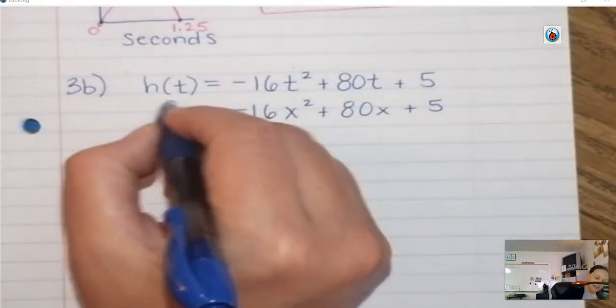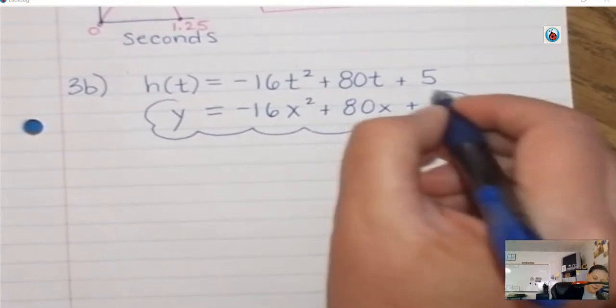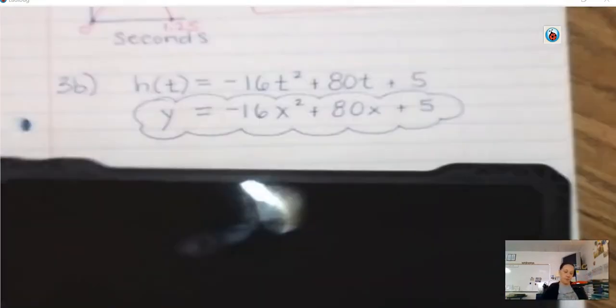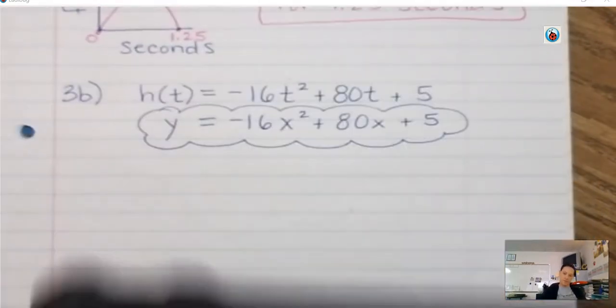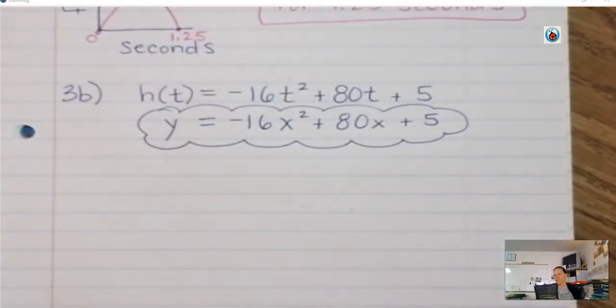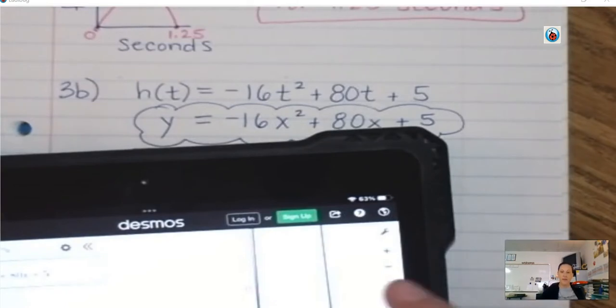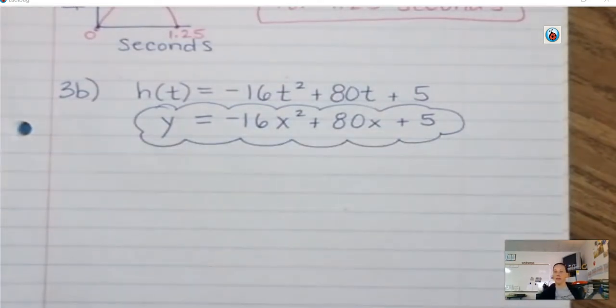Okay, go ahead and put this equation into your graphing calculator, or into Desmos. And then if you need to, hit the little house button to get the graph zoomed in where you need it.